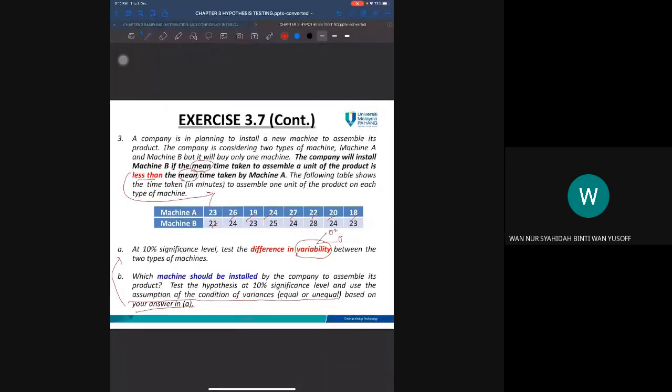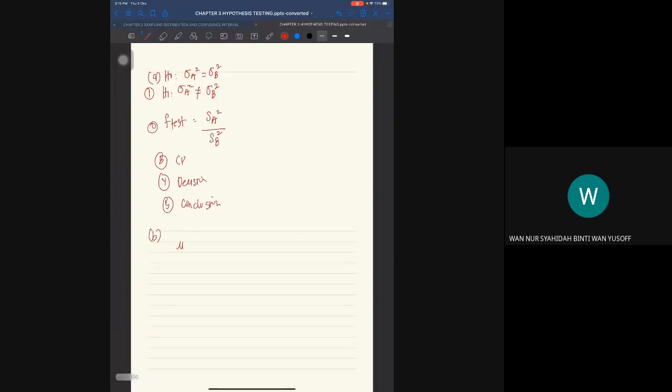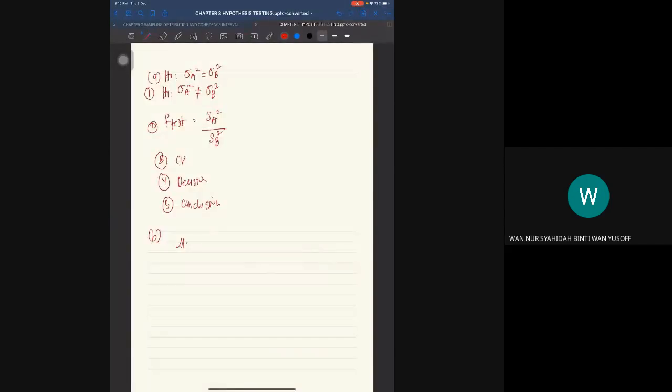So mu B minus mu A less than 0, or you can write mu B less than mu A. So H1: mu B less than mu A, and H0: mu B greater than or equal to mu A. The claim is at H1. That's the hypothesis for question B.